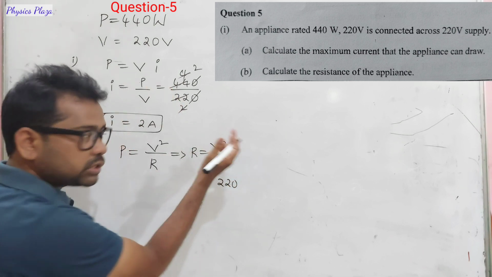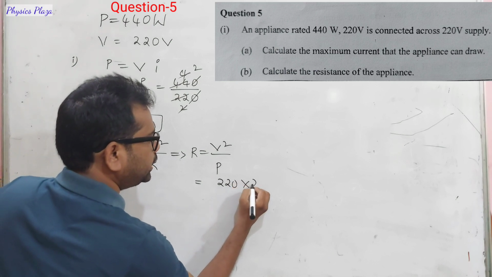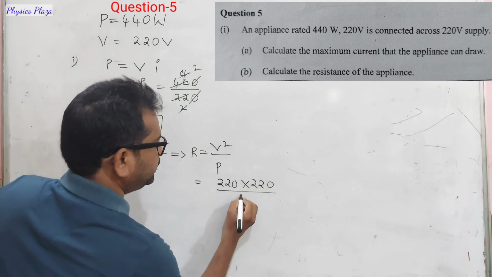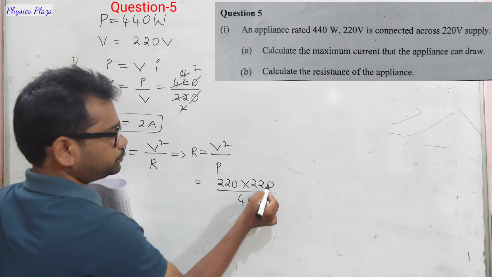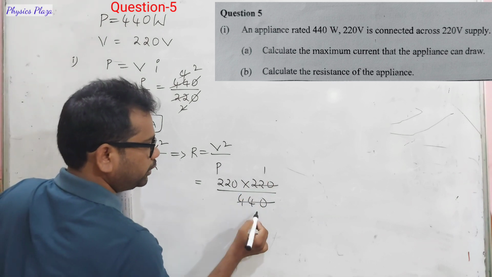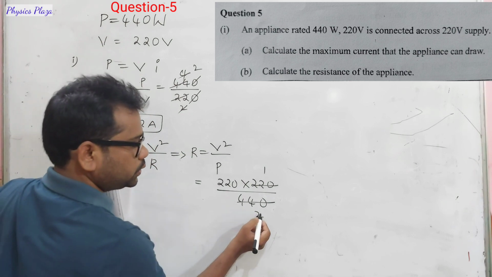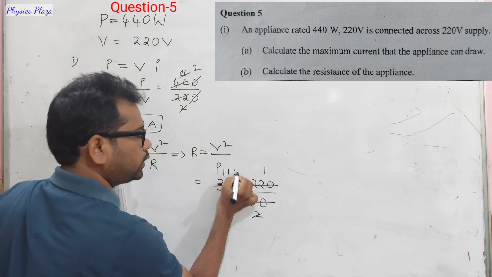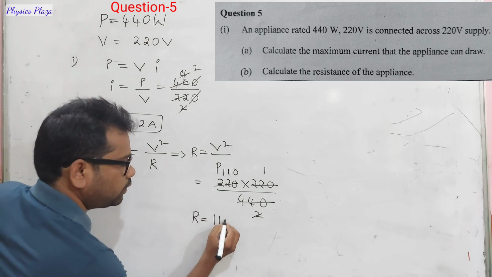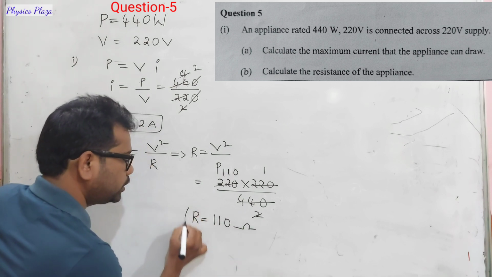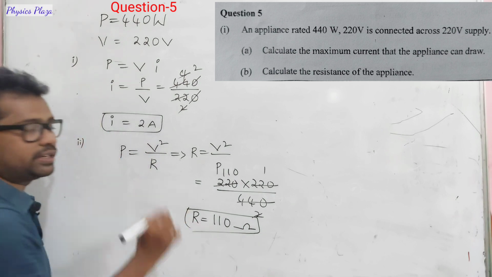So 220 square we can write as 220 into 220 by 440. Now 2 1s are 2, 110. So here the resistance of the appliance is 110 ohm, children. You should not forget to write the units.